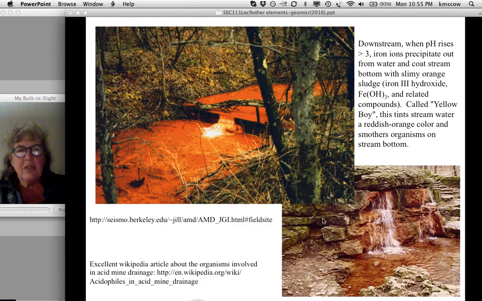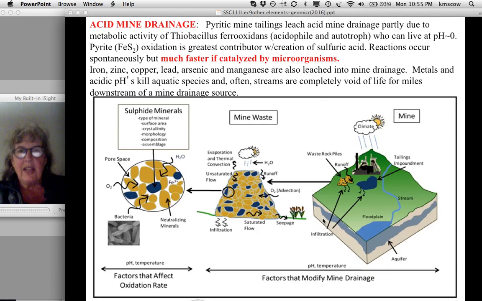What happens with acid mine drainage is that when an area is mined, there are going to be tailings left over, the material that isn't concentrated enough in metals to go after, and these are going to be pyrite tailings that are piled up and left to sit there. Here's this mine site.